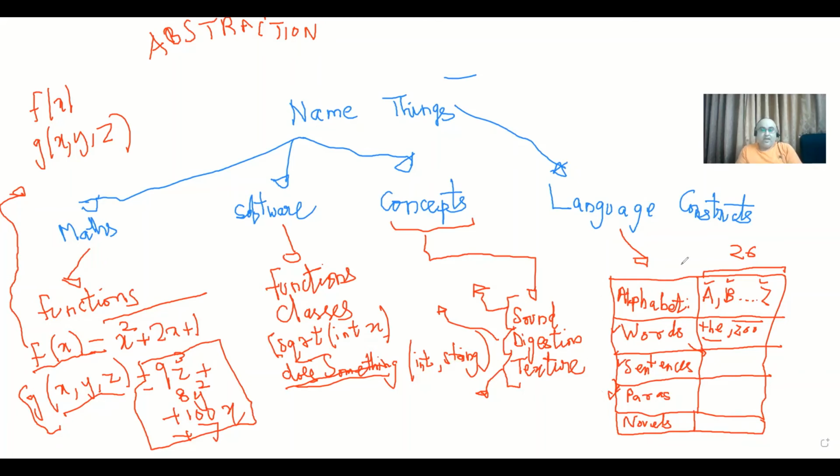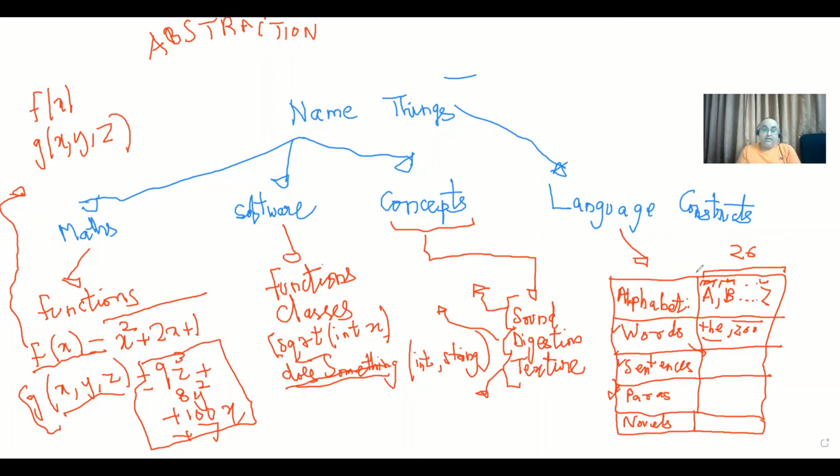So English, as it happens to be, now much of this delves into linguistics, of which I'm just a novice and a layman enthusiast. But let me share and discuss what I wanted to in this context. So A has a sound attached to it, B has a sound attached to it, so on and so forth.